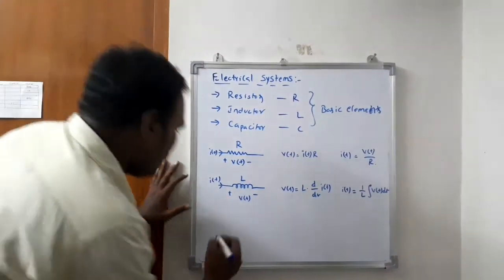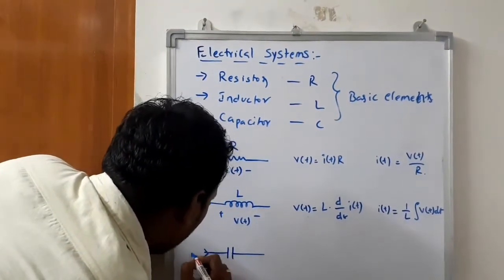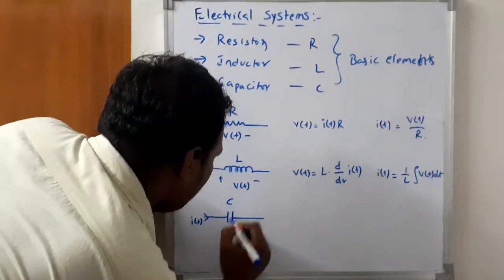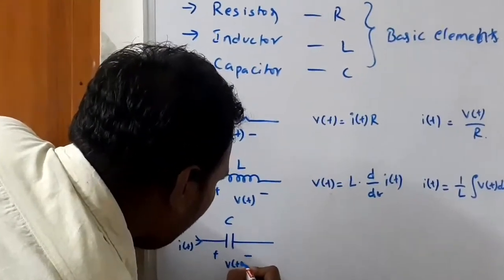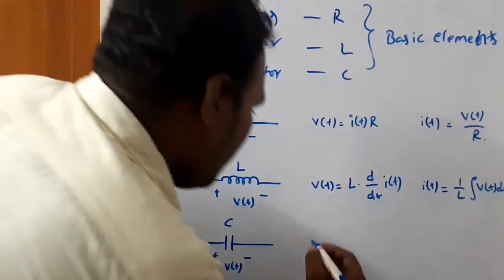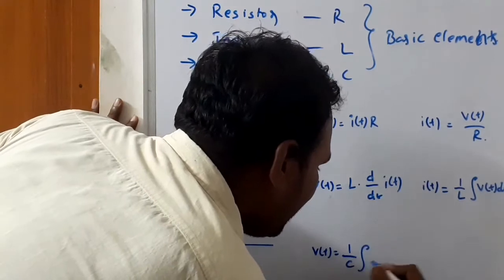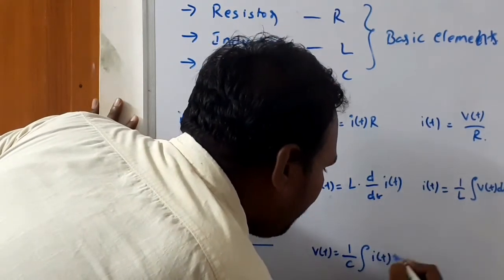And coming to the next one, the capacitor. i(t) equals C, with plus minus v(t). Now we are going to see the current and voltage relations for the capacitor. From this, v(t) equals 1 by C integral i(t) dt.